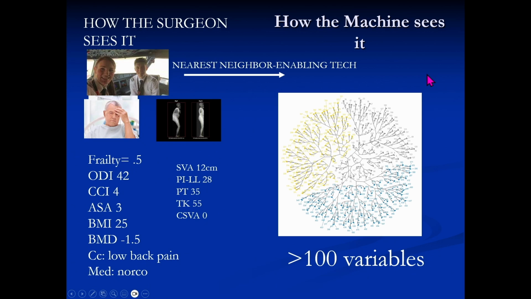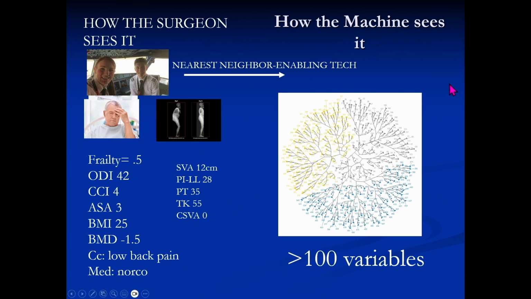So one of the things that AI and machine learning can do is to better cluster patients. I mentioned at the outset of the talk, when we used to characterize patients, even if you're a well-informed surgeon, you would look, for example, at their frailty index, maybe their disability scores, their BMI, their bone mineral density, and their radiographic parameters.